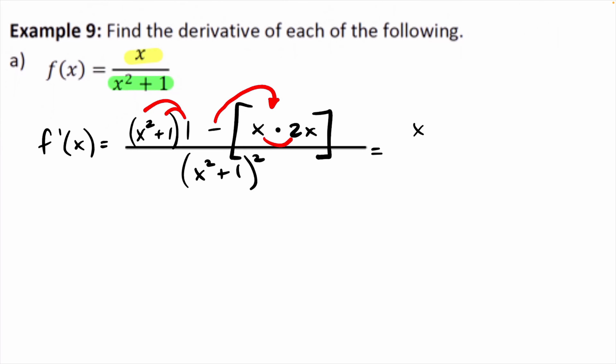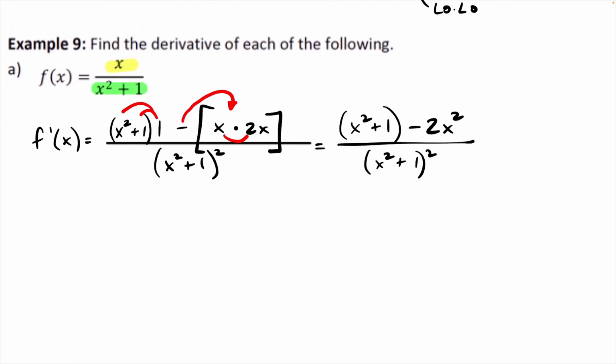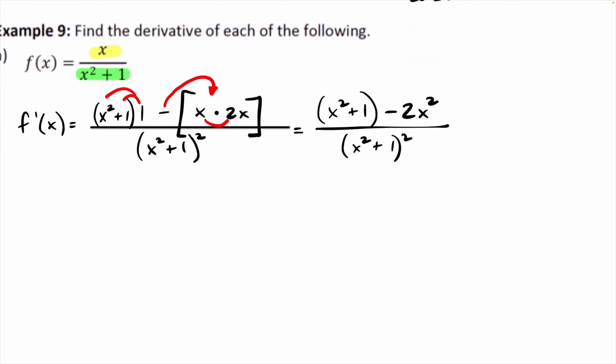So I get x squared plus 1, and then I get minus 2x squared over x squared plus 1 squared. And then the first guy, x squared plus 1, I can write without parentheses because that one just has a 1 in front of the parentheses. x squared plus 1 squared.